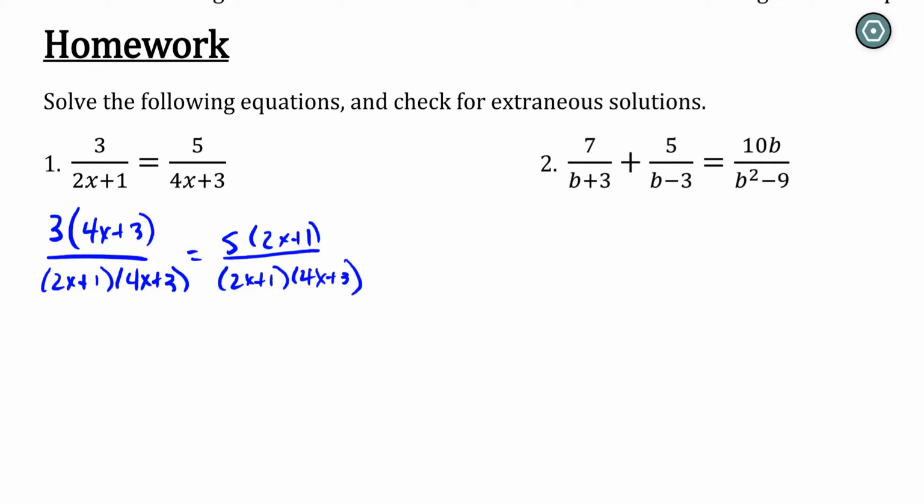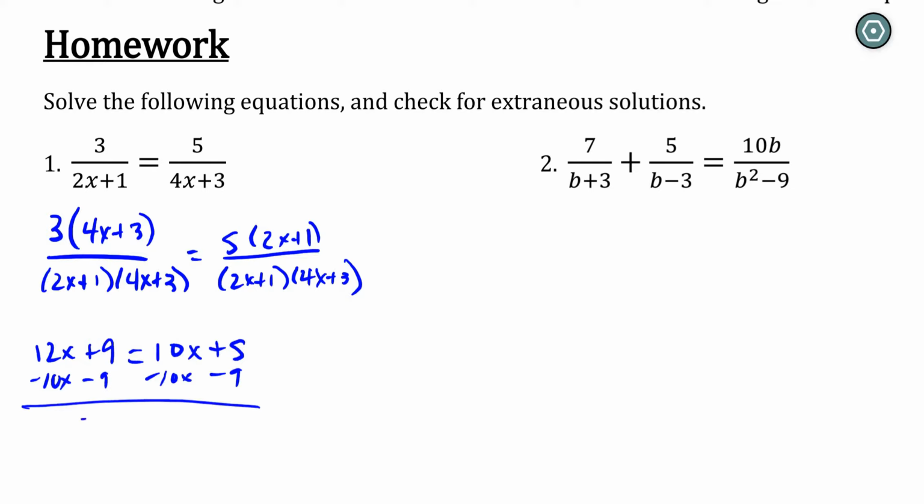So the denominators no longer matter, so then I could distribute, so I have 12x plus 9 equals 10x plus 5. Subtract your 10x to the other side, subtract your 9 to the other side, and we wind up having 2x is equal to negative 4, or x equals negative 2.